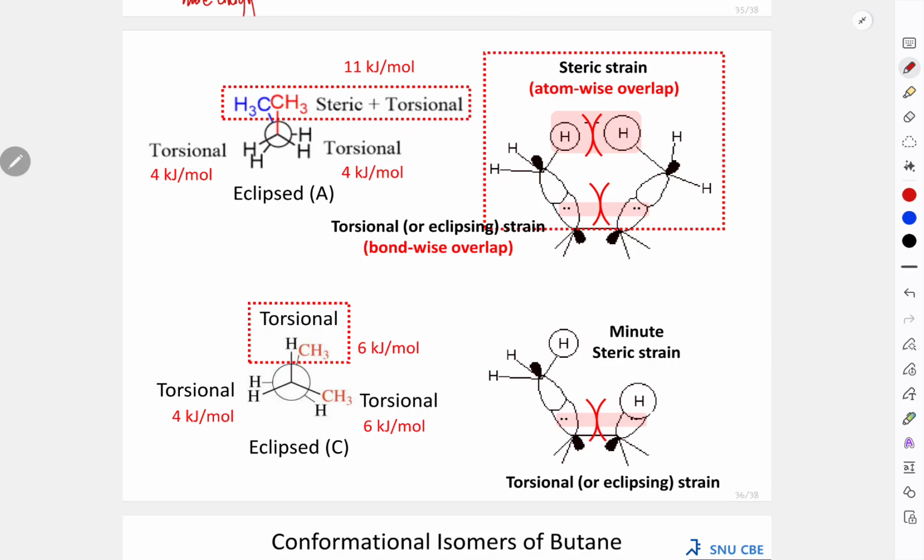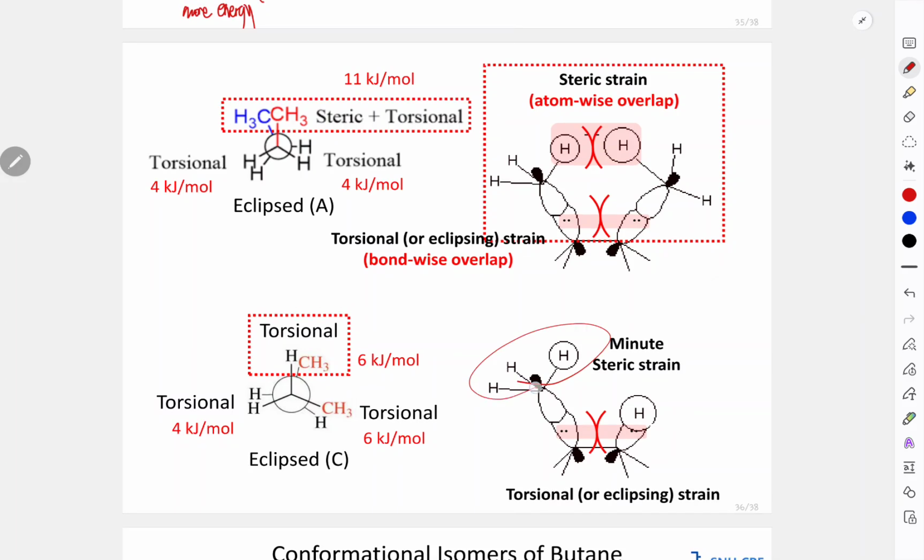And this is a side view highlighting the CH and CC bond torsion strain. You have carbon here and there, and a methyl group. You can imagine that there is a torsion strain or eclipsing strain between these 2 bonding electron pairs. But these methyl hydrogen atoms are sitting too far from these hydrogens, so there might be less, or minute, steric strain.